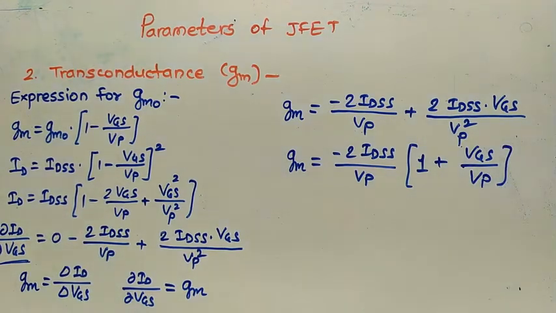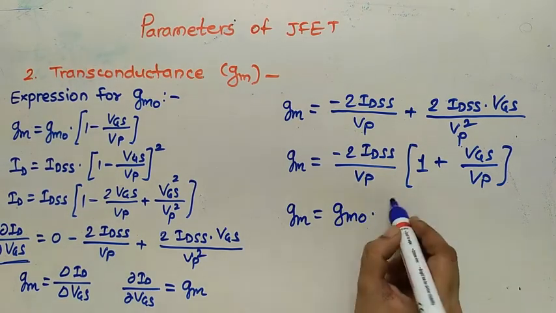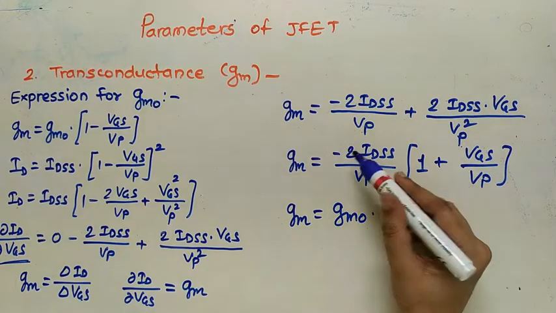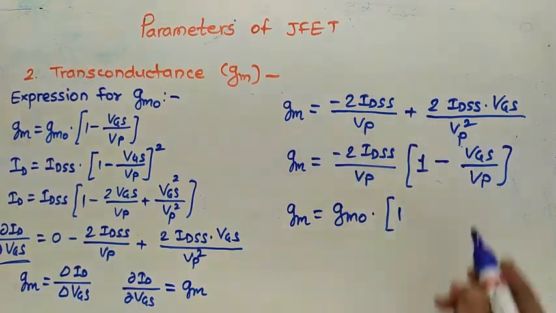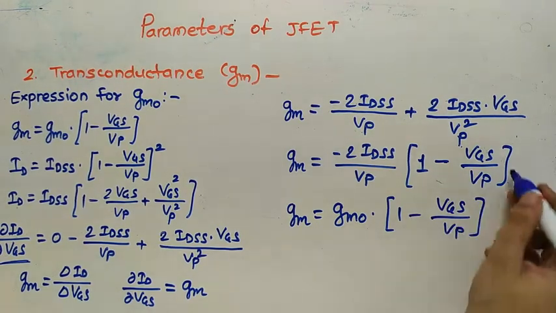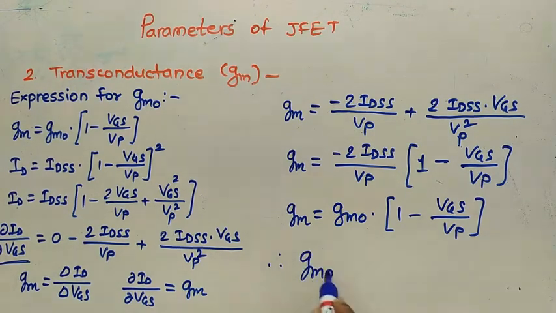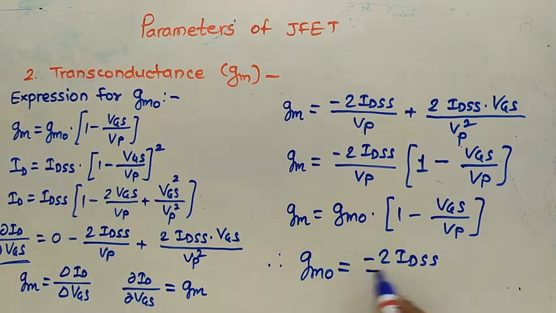And we know that GM is equal to GMO into 1, sorry, here when we take the minus sign common, this plus sign will become minus, so 1 minus VGS upon Vp. So comparing these two equations, we can write down, therefore GMO is equal to minus 2 IDSS upon Vp.